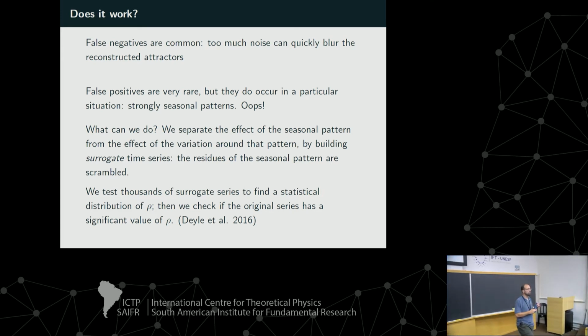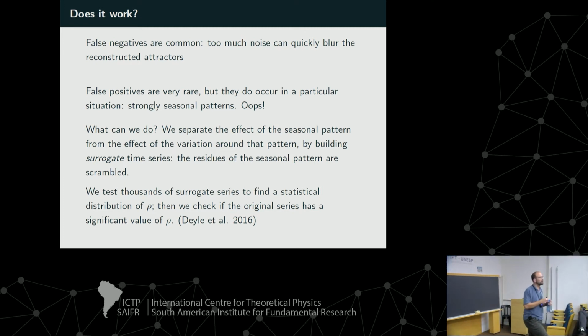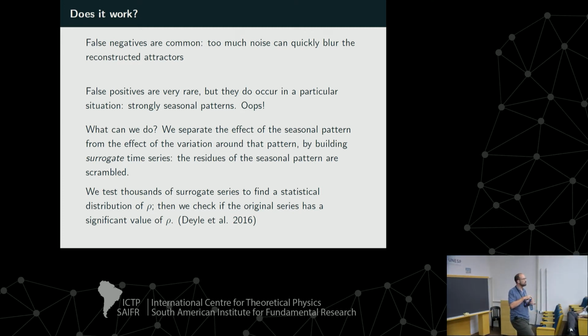The better question is, is it common to find false positives? You calculate this and you find causality. Are you sure of that? Well, the answer is almost always yes. But there's one tricky case that is difficult, which is when you have a strong periodic forcing.